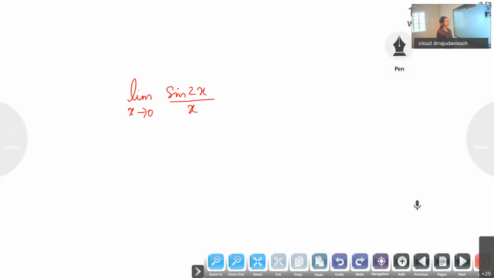How to do this one? See, once a limit is given, usually the first step is to substitute for x. Sine 0 is 0. By 0, it becomes infinity, isn't it? So then you will recall some identities. If it is a polynomial, we can factorize. So it's not a polynomial. Is there any identity?